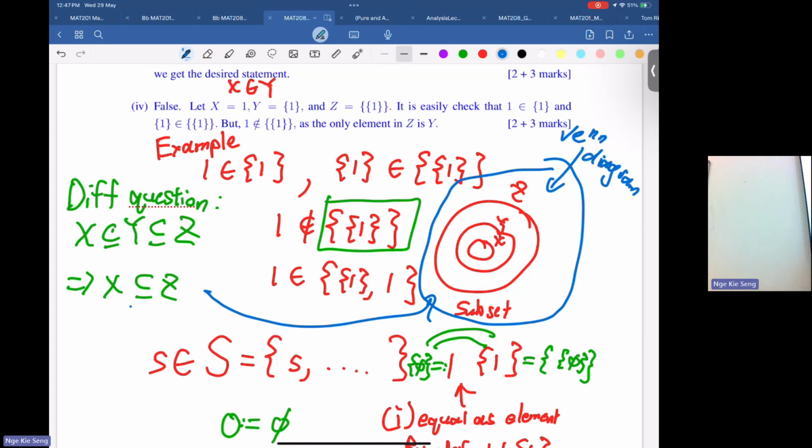What's the definition of subset? Let's say X is a subset of Z. What does that mean? Everything in X is in Z. So you see, everything in X, it is in Z. Inside Z. Contained inside Z. Because we use the ball to indicate that everything inside the ball is inside that set. So this is how the Venn diagram works.